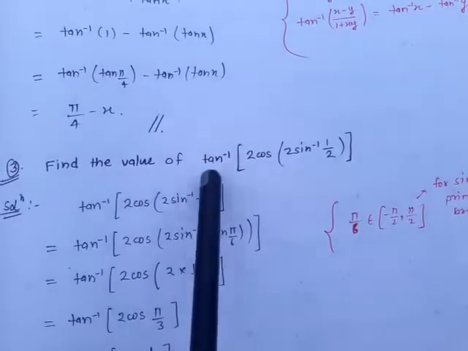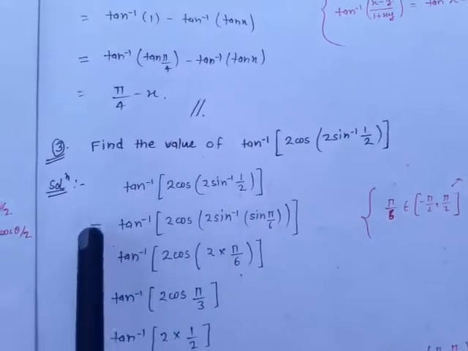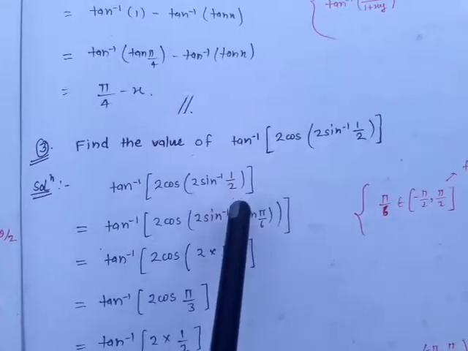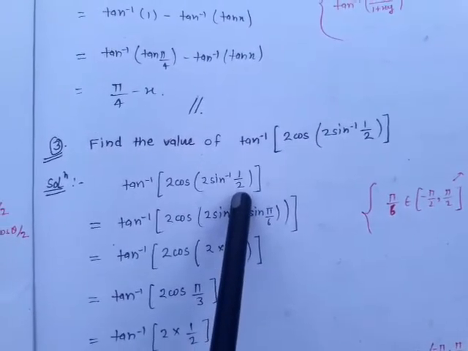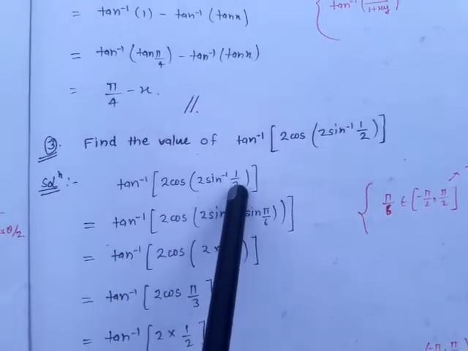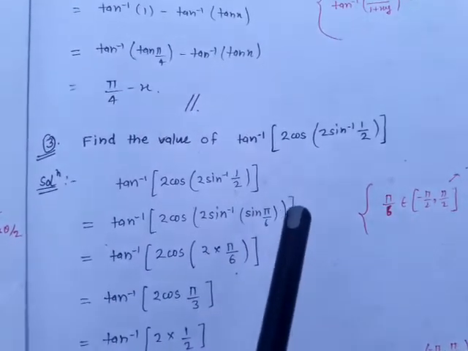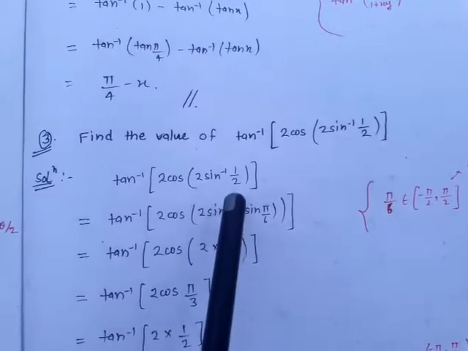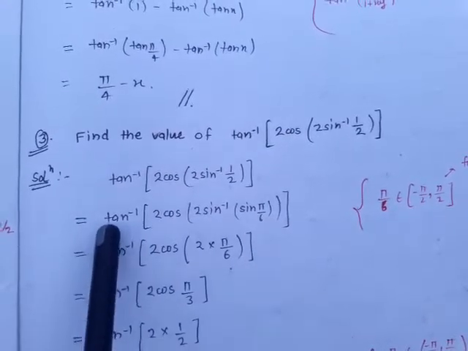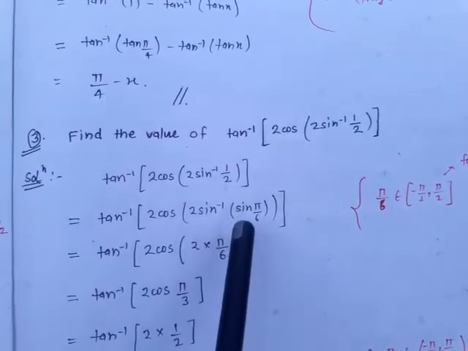For solving this, we take 1 by 2, and in the case of sine, 1 by 2 is at sine 30 degrees, which converted into radians is sine pi by 6. So in place of 1 by 2 we put sine pi by 6, and copy the other terms: tan inverse in bracket 2 cos 2 sin inverse sine pi by 6.